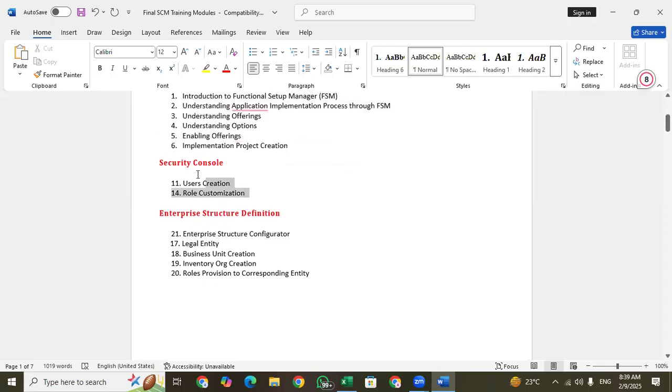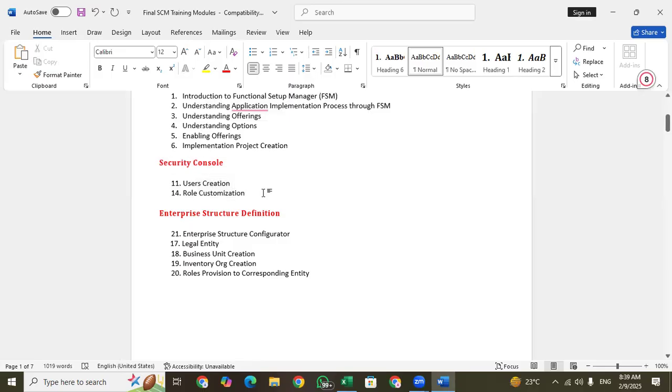The security console is one of the important features. For example, you want to perform application setups and configurations. Before that, you must have login credentials, a password and user ID, to work at the application level.